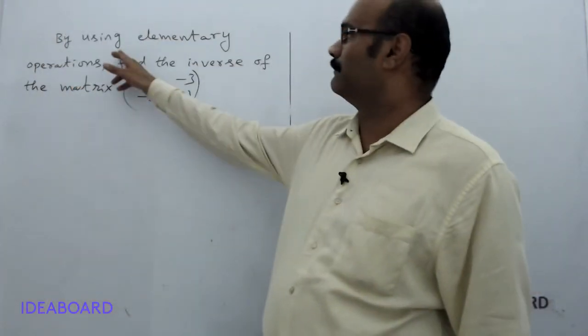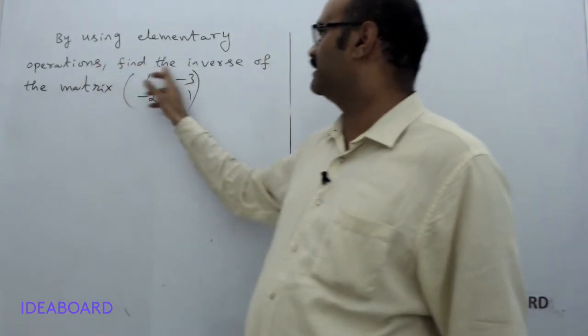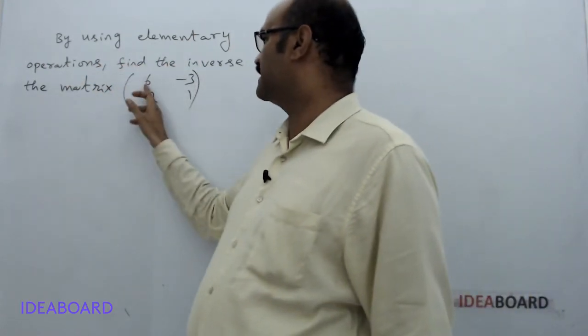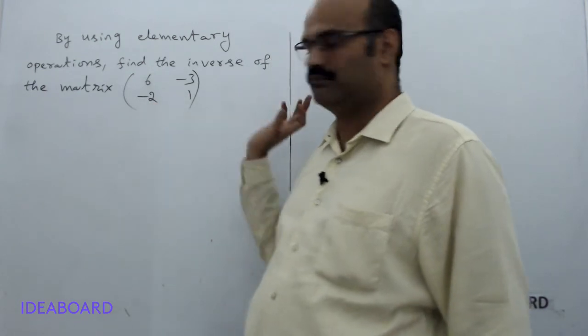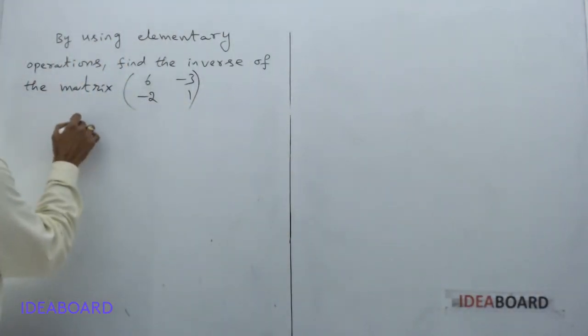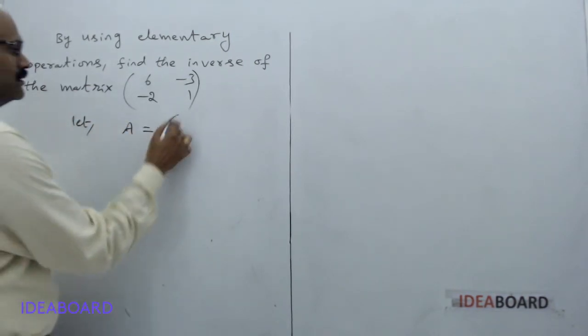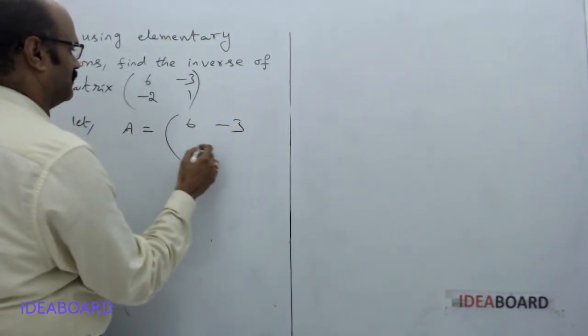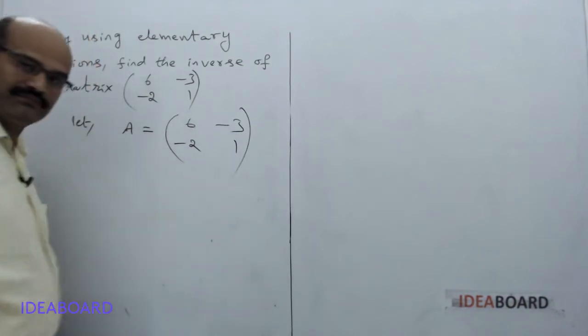Next problem. By using elementary operations, find the inverse of the matrix 6 minus 3 minus 2 1. Let A equal to 6 minus 3 minus 2 1.